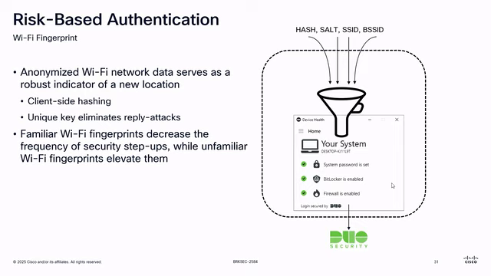What Duo then can do is verify that this Wi-Fi fingerprint matches a Wi-Fi fingerprint known to the user. If there is a match, easy, then Duo knows the user must be in the same place, or at least at the place where they already built trust. If there is no match, well, the user must have physically moved.